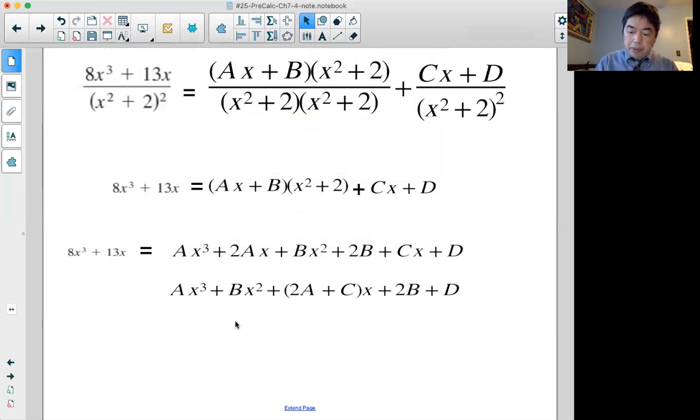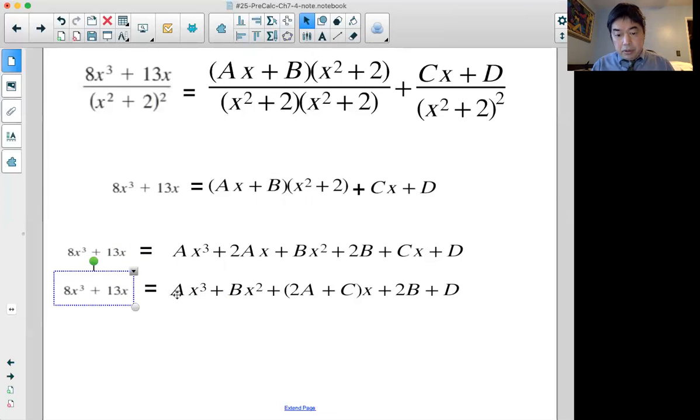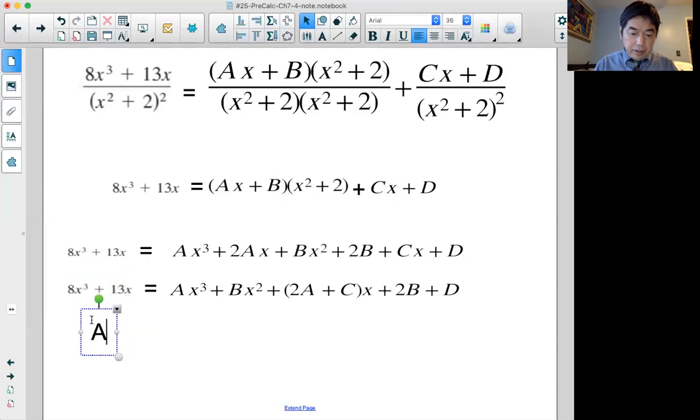Okay, the equal sign here. Now, if you compare these two, left and right, 8 is the only coefficient for x cubed, and the letter a is the only one on the right hand side. So it must be a equals 8.